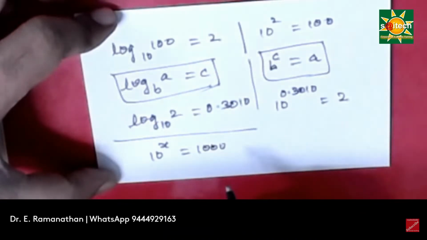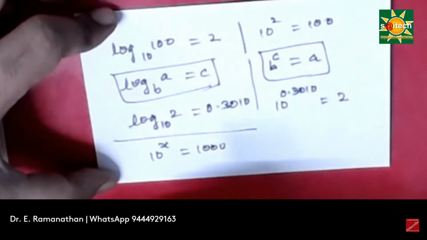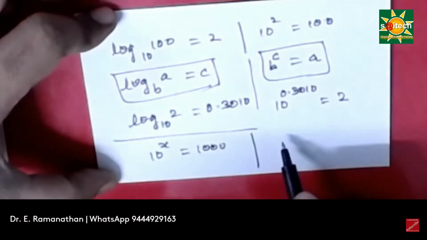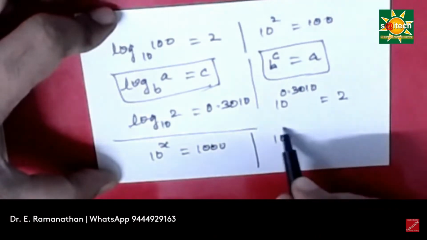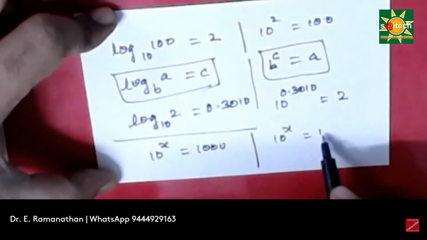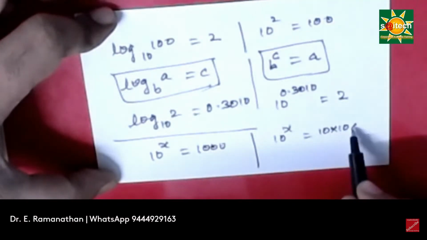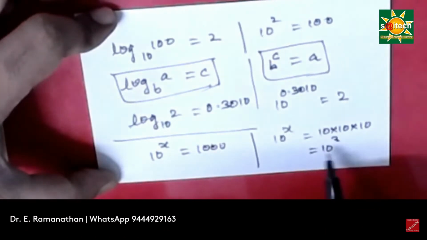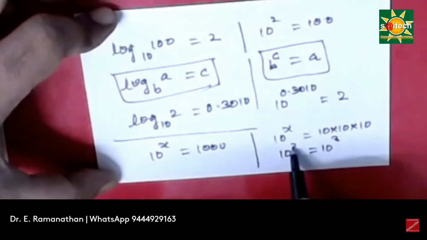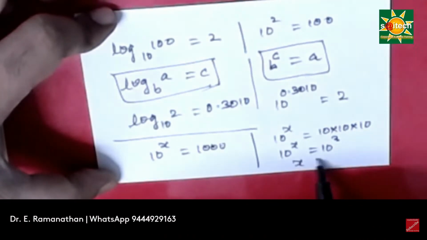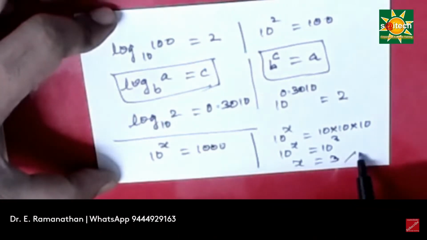How to find out? We can use logarithm. Are you able to follow? Otherwise, you can do it by the conventional method, taking this also in terms of 10. So 1000 is nothing but 10 into 10 into 10, that is equal to 10 cube. That is 10 power x. Both the bases are 10, therefore x is equal to 3. This is one way of writing the answer.